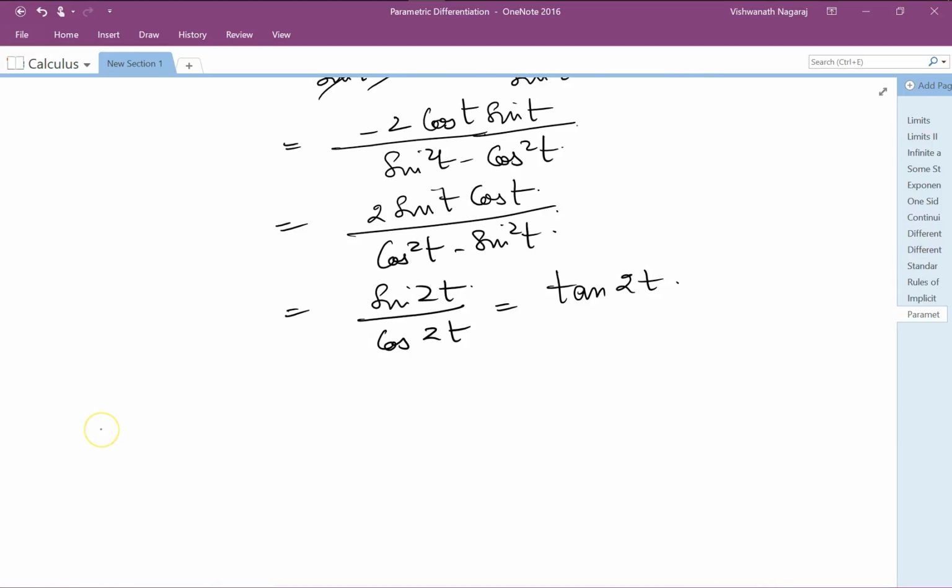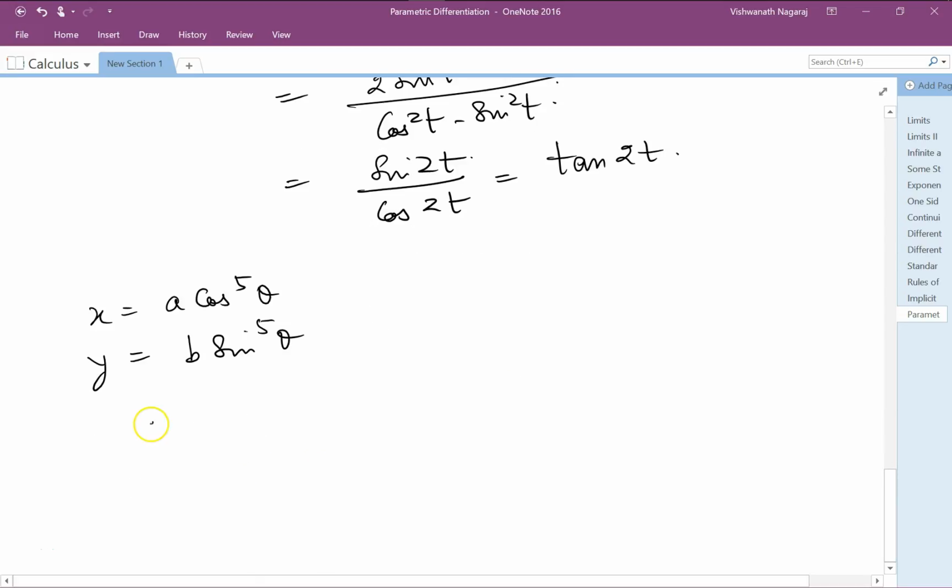Let's look at a few more examples. X is equal to a cos 5 theta, Y is equal to b sin 5 theta. So again, dy by d theta. Now here the parameter is theta. So dy by d theta is b times 5 sin 4 theta, and then the derivative of sin theta, which is cos theta.